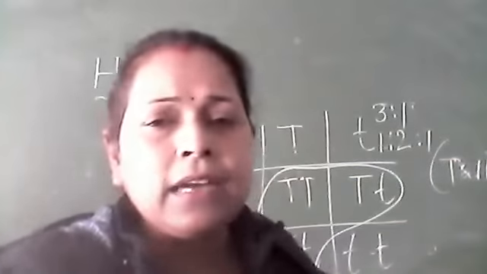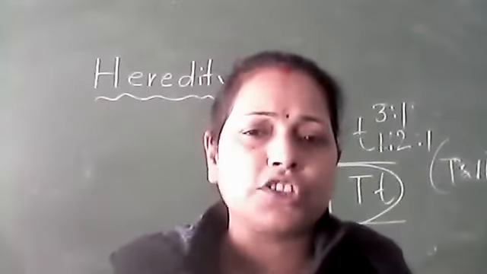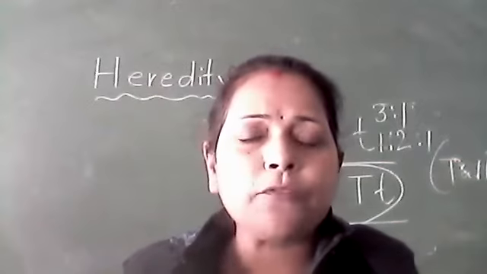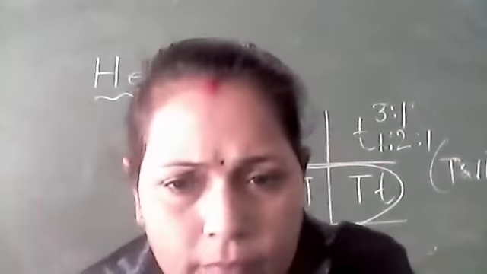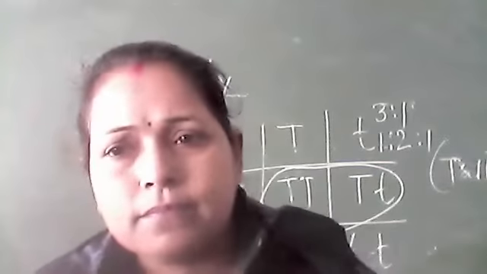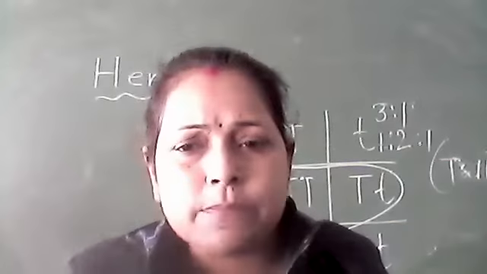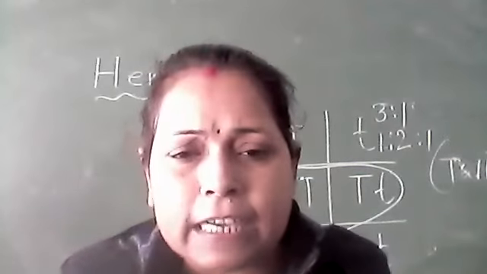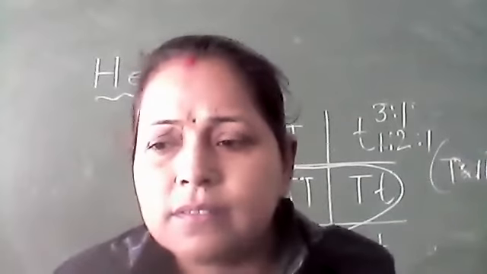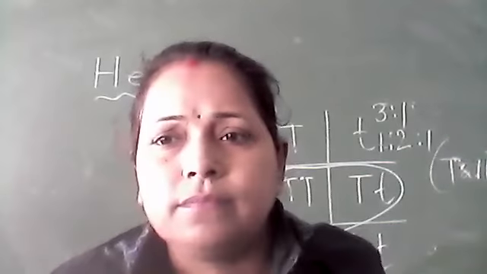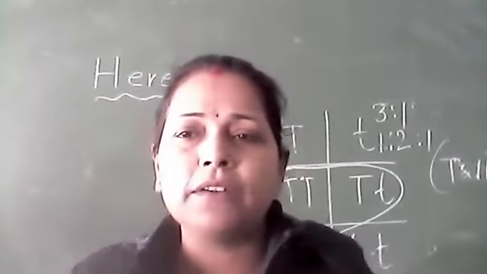Here we are taking the height of the plant, whether it is tall or short. So that type of cross is called... Anyone? Ojashwini, Preeti, anyone? Monohybrid cross. Very good.